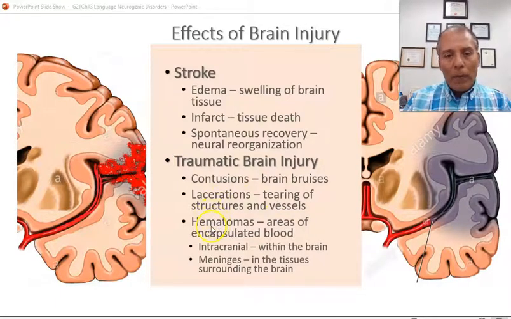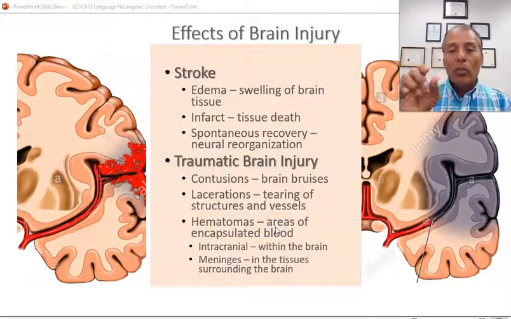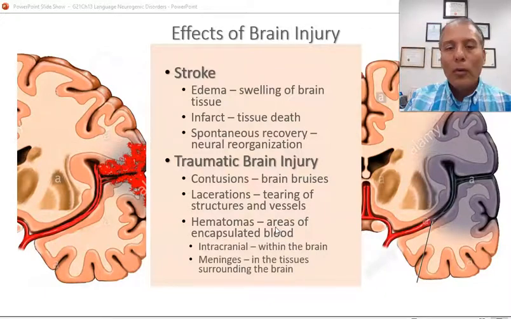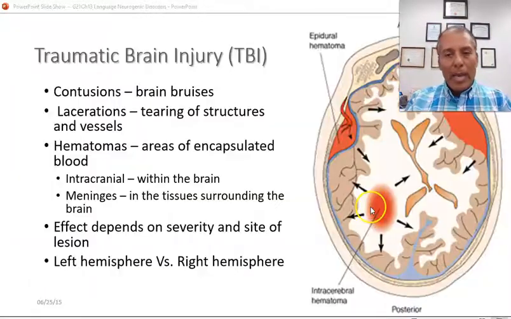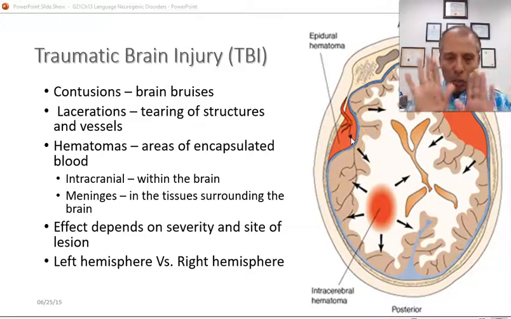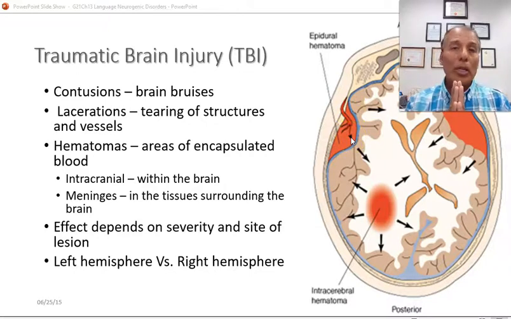So there are also hematomas. These are little pockets of blood that accumulate in particular areas of the brain, and when they accumulate in that area, they of course displace a lot of the structures and neurons and squish them and push them away from their area.